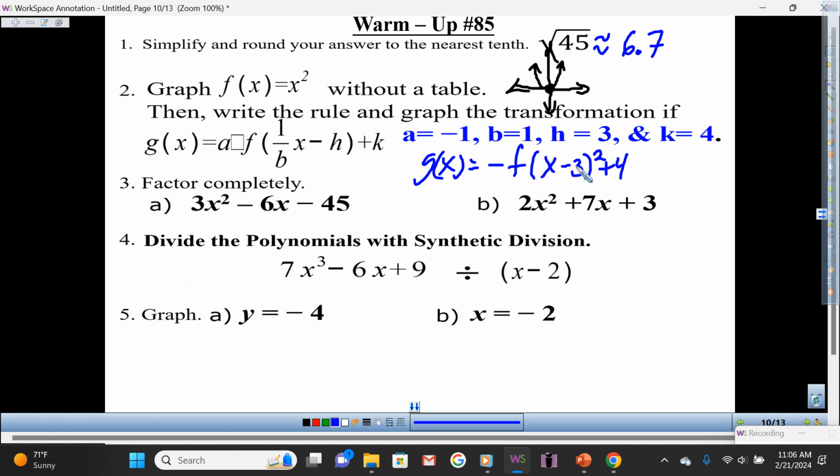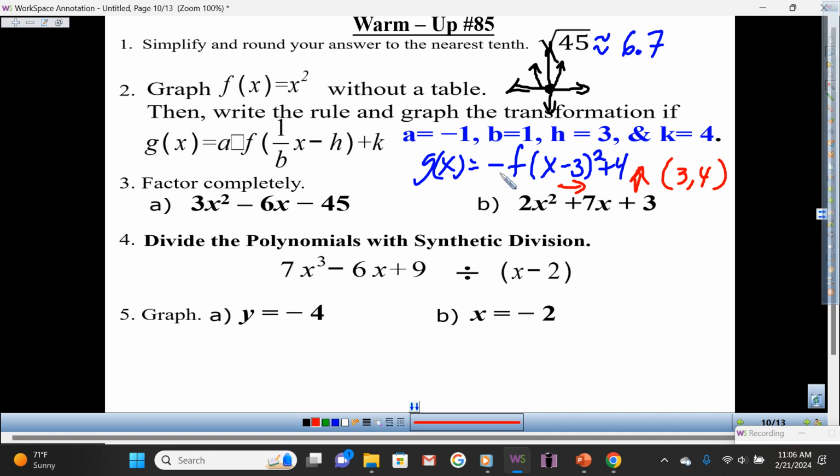Then Anthony's going to pass someone. Pass someone, Anthony. Anthony D. Three to the right and up 4, so my new vertex would be at what? 3, 4, that's a new vertex.